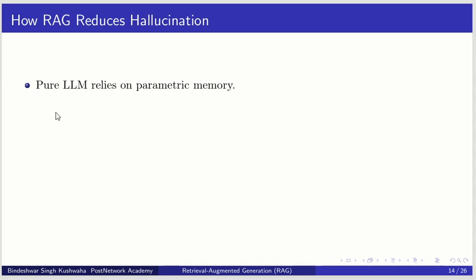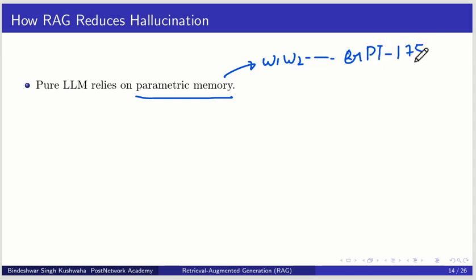A pure LLM relies on parametric memory, which means at the time of training there are weights W1, W2 and so on, up to, say, 200 billion; GPT-3 was 175 billion.